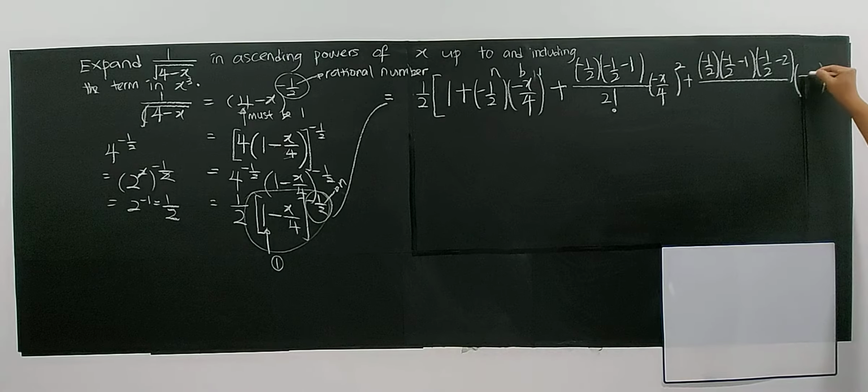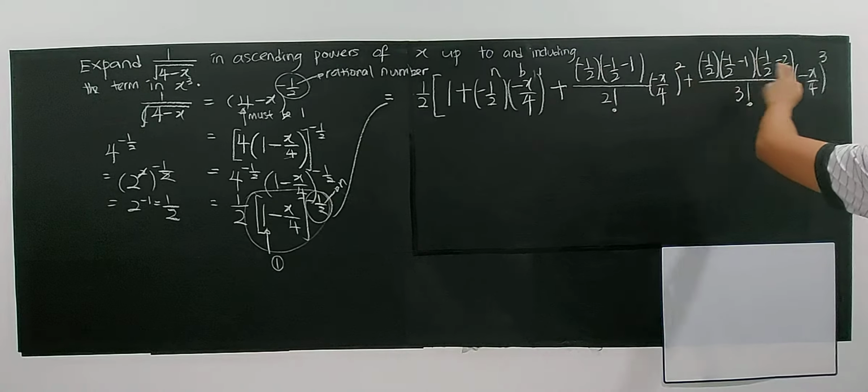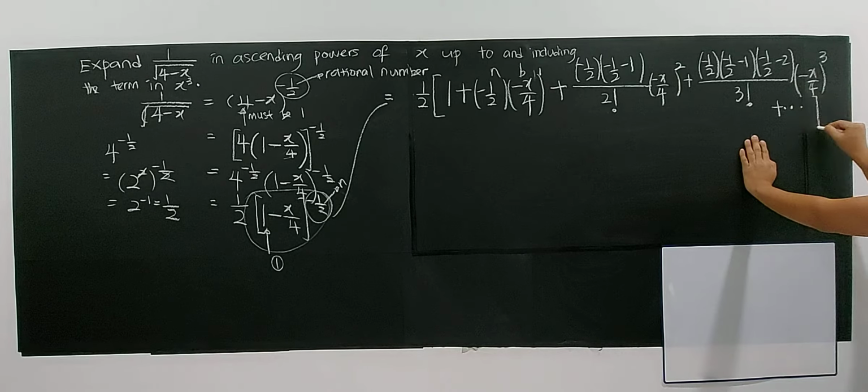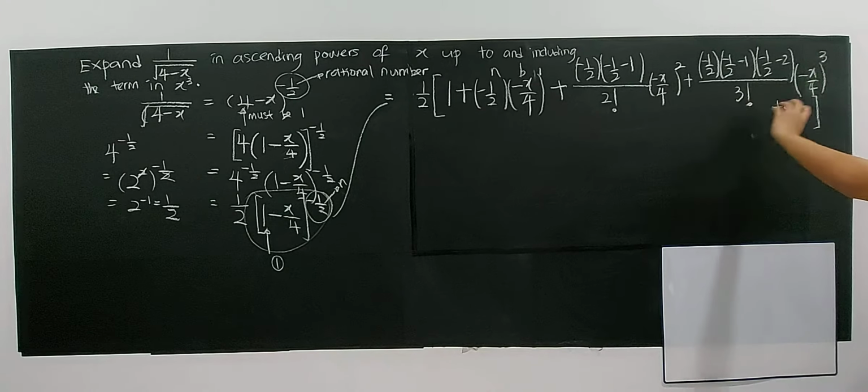Later, negative x over 4, negative x over 4, from power of 2 becomes power of 3. So we divide by 3 factorial. I should stop here because you have x power 1, x power 2, and x power 3. Then we write 'to be continued' to tell that it's not terminated yet. All right, so it's up to x power 3.